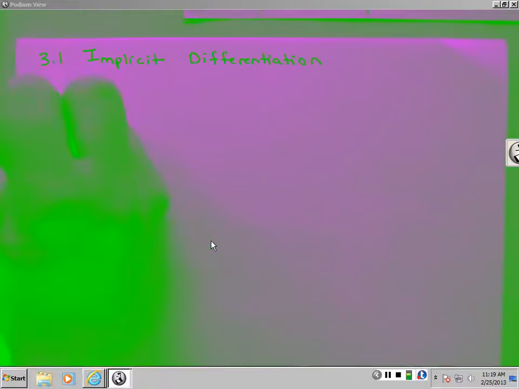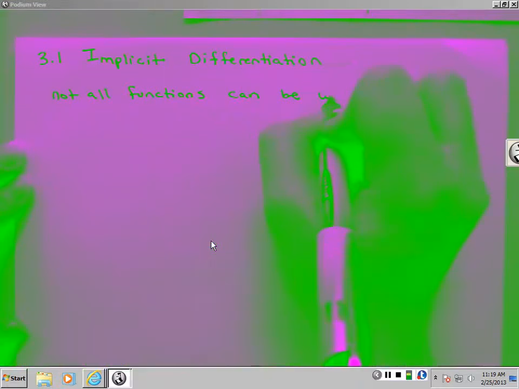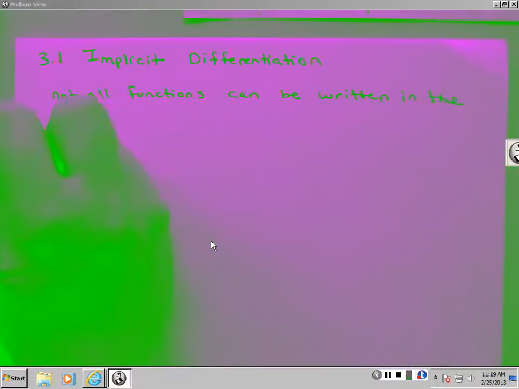So not all functions can be written in the form y equals f of x.